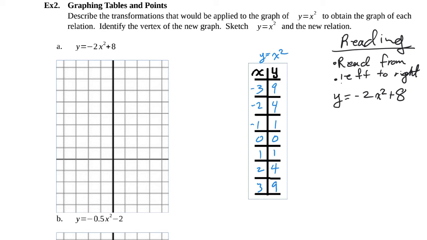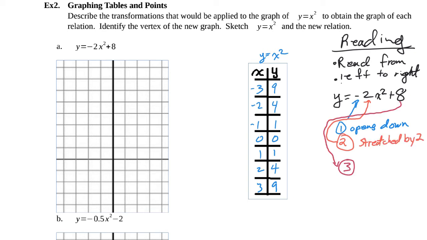First of all, reading from left to right, we notice the minus sign on the x squared term, so this means it opens down. For the number after the minus sign, you check. It's a 2, so that means it's stretched by 2. In other words, we're just multiplying by 2. And finally, the third thing tells us that we move our final graph up by 8.